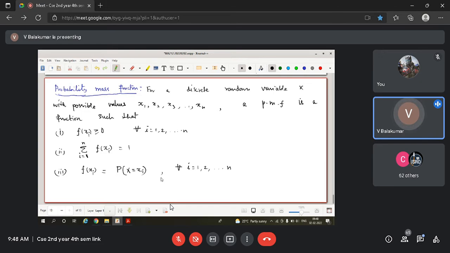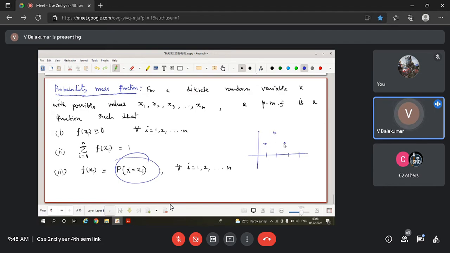Whenever we have a discrete random variable, we call it a probability mass function. It's like we are assigning a weight. We are assigning a mass to a particular random variable value. That weight is actually the probability. You see, for this xi, we are assigning this number. Or if you want to draw the picture, it will be this is x1, x2, x3, x4.